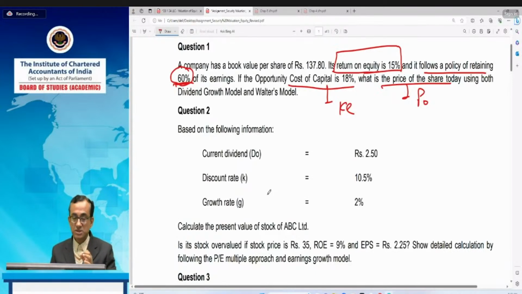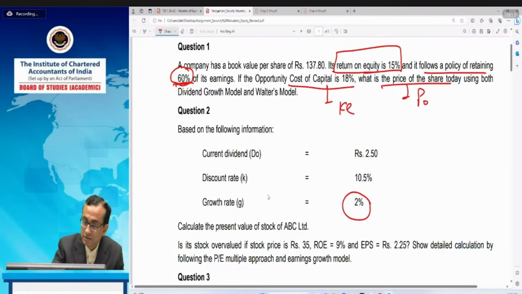Now, in this question number 2, nothing is specifically mentioned about up to what period the investor wants to hold a share of the company. Holding period is not given. So it can be safely assumed that the dividend will grow at this 2% till infinity, till perpetuity. So the D1 upon KE minus G formula will be simply used.